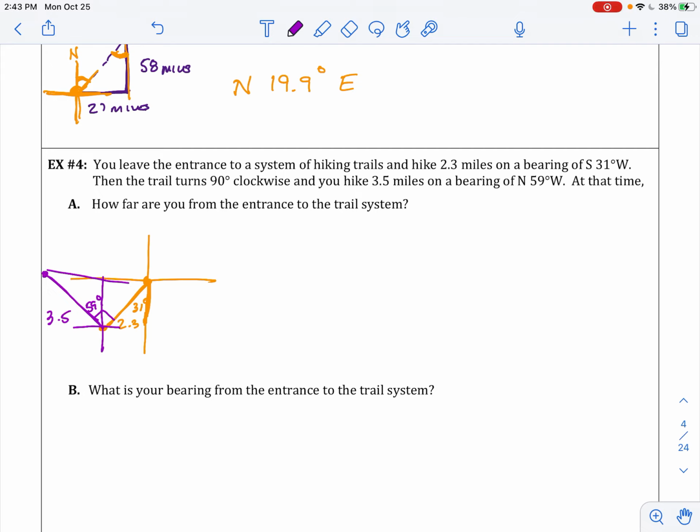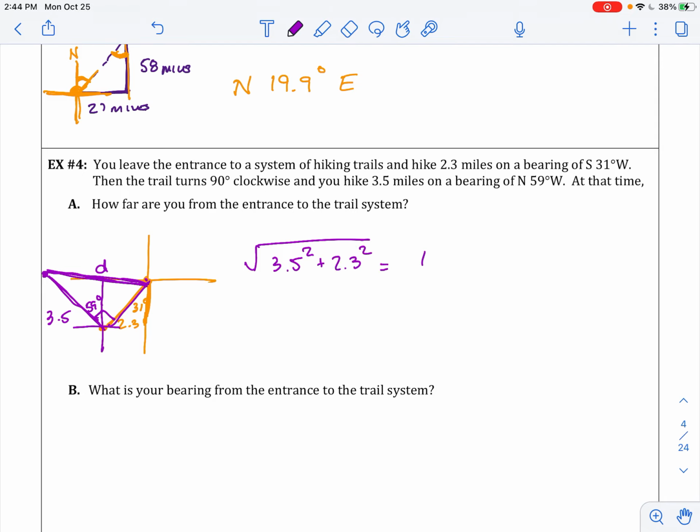Now, the challenge here then, from there to there, is if I want to look at this and try to see, first of all, how far from the entrance have you traveled? Well, that one's not too bad, because how do you find this with this 90? It's just Pythagorean theorem, right? So can you see the right triangle here? So to find this distance, it would just be the square root of 3.5 squared plus 2.3 squared.